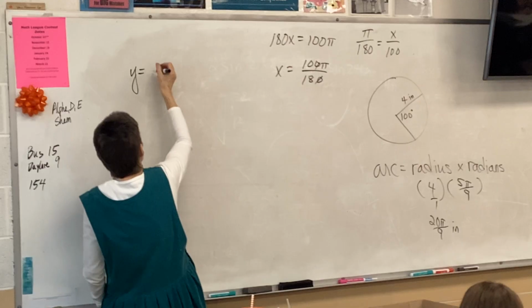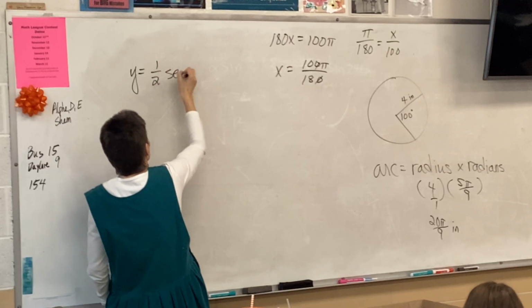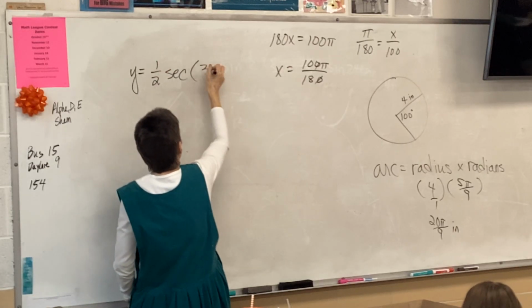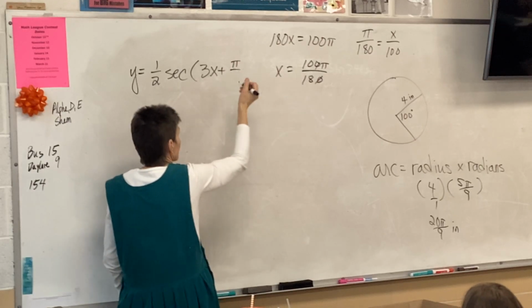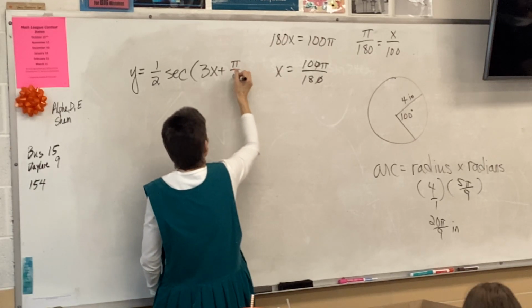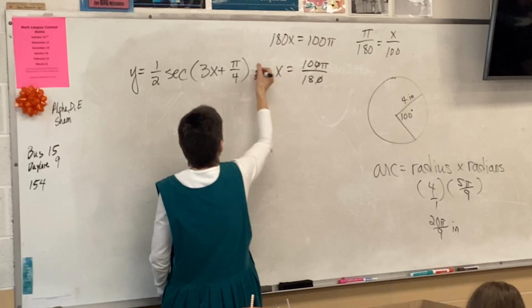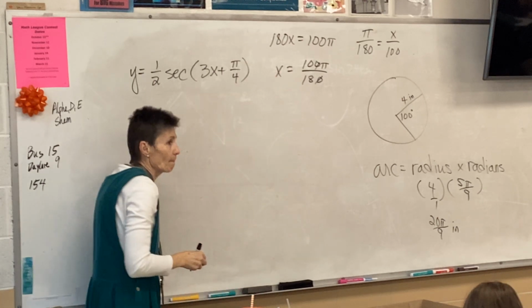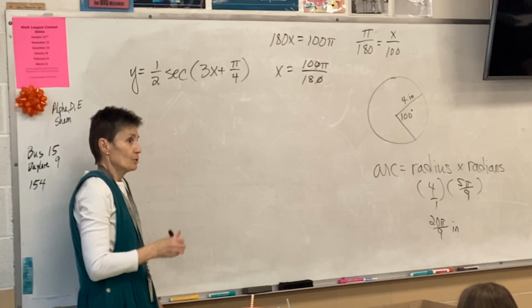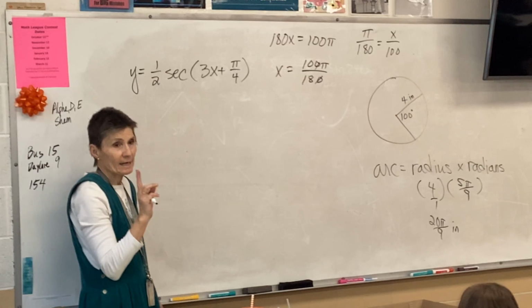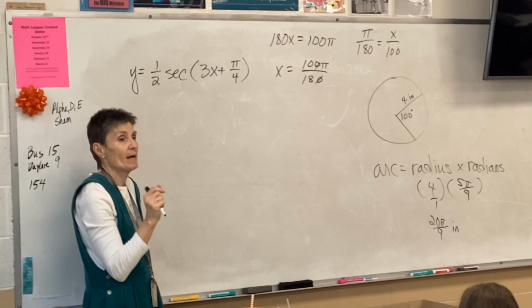So let's do 1/2 secant of 3x minus pi over 2 plus pi over 4. Okay? Two things are going to happen in my mind right off the bat.